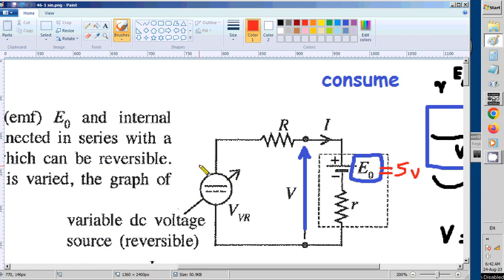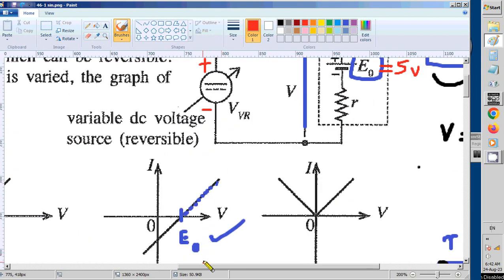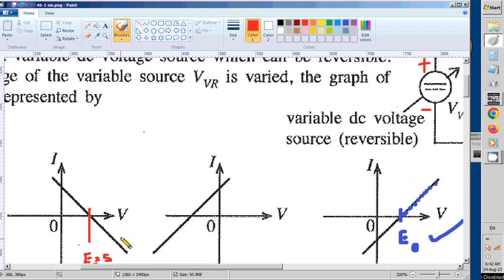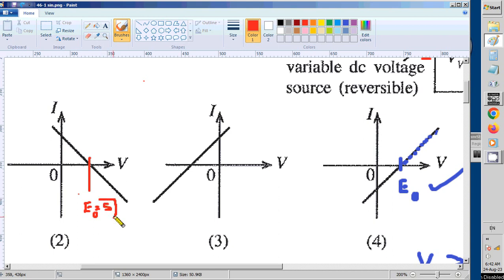So without changing polarities, the same as positive, because the initial current is this way, that means this one is positive, higher value, so that then only we get the current that way. So this must be positive, this must be negative. Then we are talking about higher values than this 5 volt.